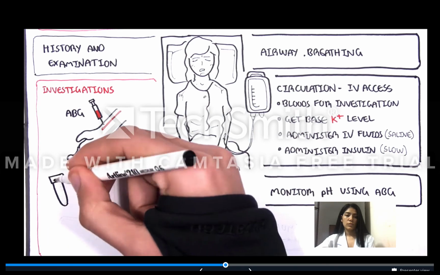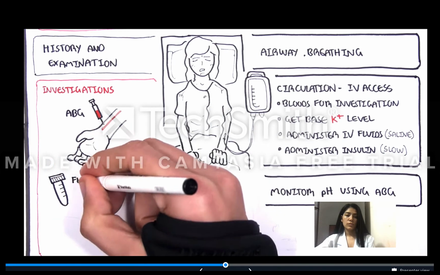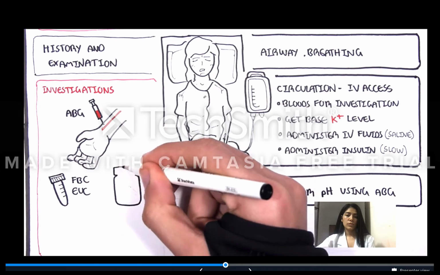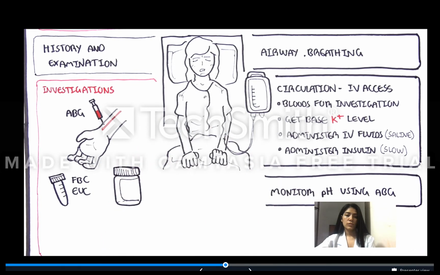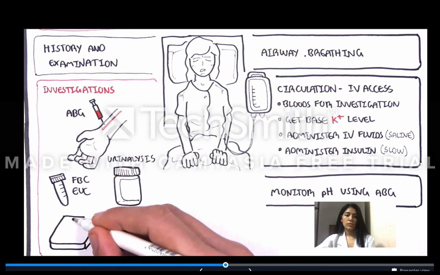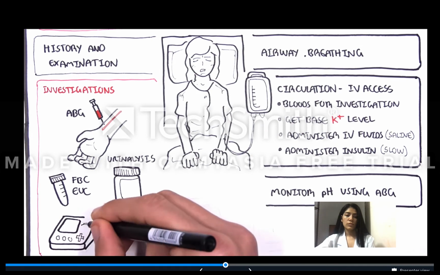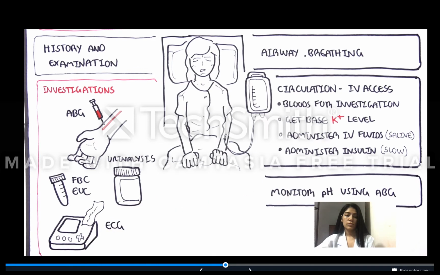Bloods, as we mentioned, full blood count, EUCs for infections and also electrolyte abnormalities and dehydration. Urine analysis is important to check and monitor if there's glucose, ketones, and infections. ECG is performed to check for arrhythmias in case of hyperkalemia or hypokalemia.